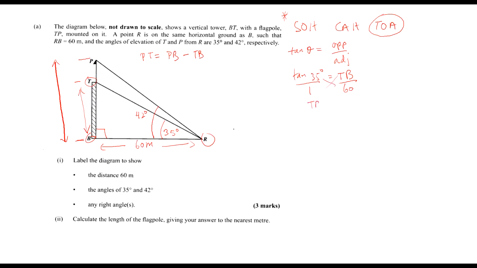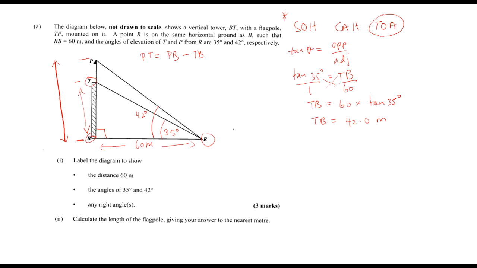So we get TB is equal to 60 multiplied by tan 35 degrees. So therefore TB is equal to, well, at this point you use your calculator, so 60 multiplied by tan 35, and that gives me 42.0. Now they want the final answer to the nearest meter, so I will put 42.0 meters. So that is TB.